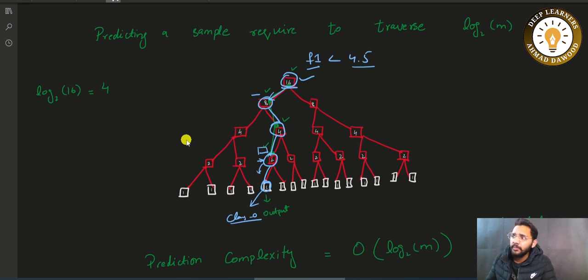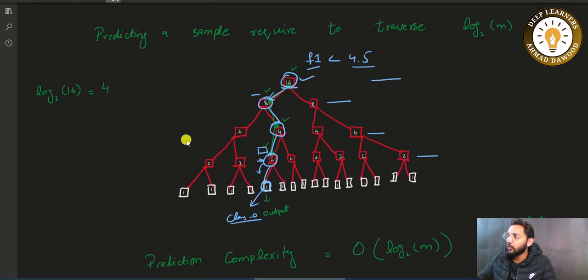So how many times have we checked our new data point against different decision rules? First we checked at the very first position, then at that level, then at that depth, and then at that level.